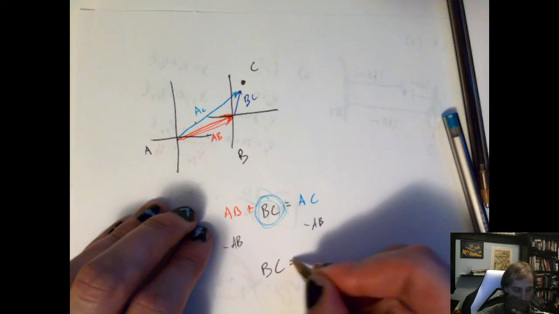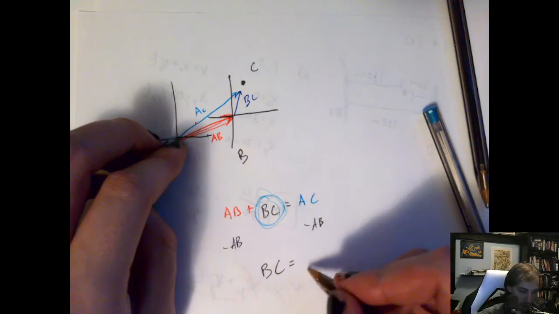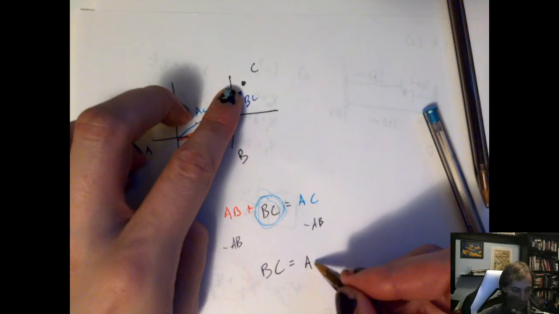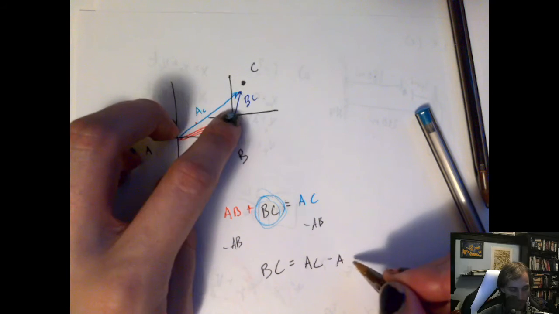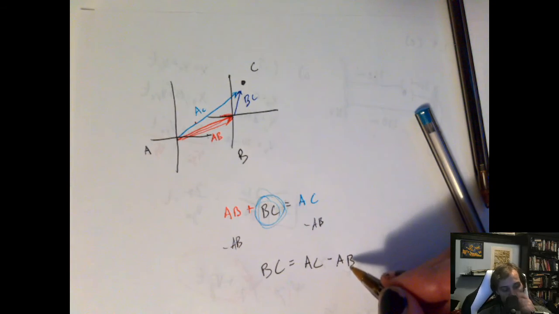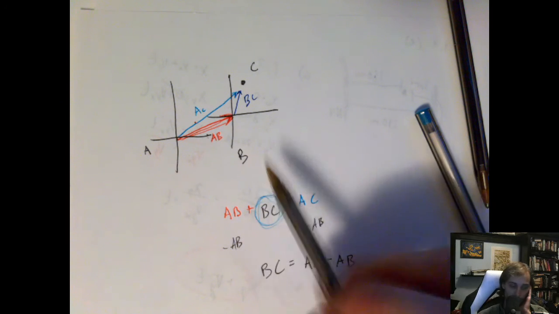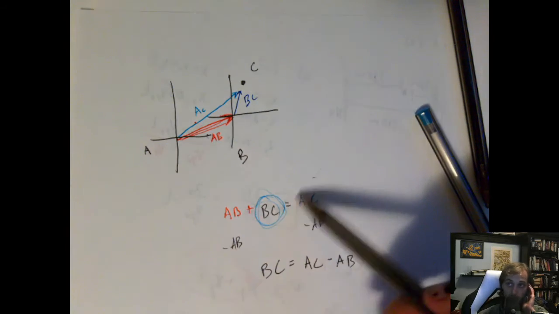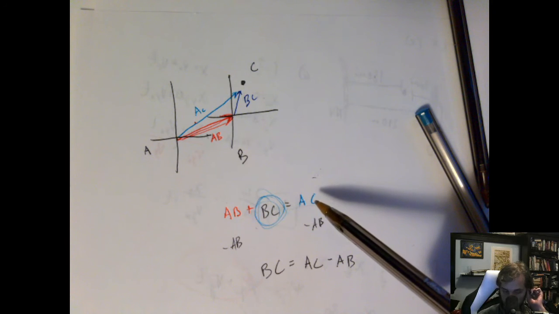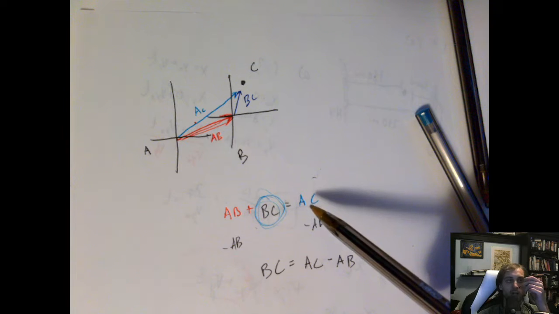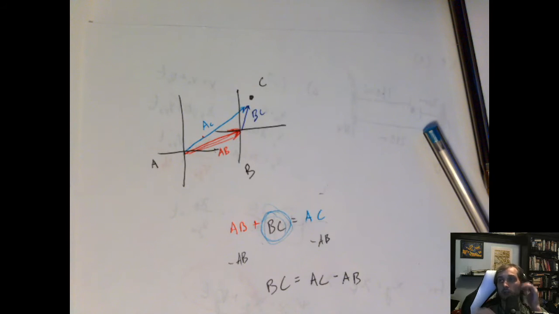If you want to find reference frame BC, as in you are in reference frame A, you know how to get from A to the point you care about, and you know how to get from A to B, if you make A to B negative and you add the other one, you'll get from B to C. Or alternately, if you're looking for how to get from A to B, you would subtract off BC. You would have the first one minus the second one, and that would give you how to get from one reference frame to the other, just in general, as long as you had some third reference point.